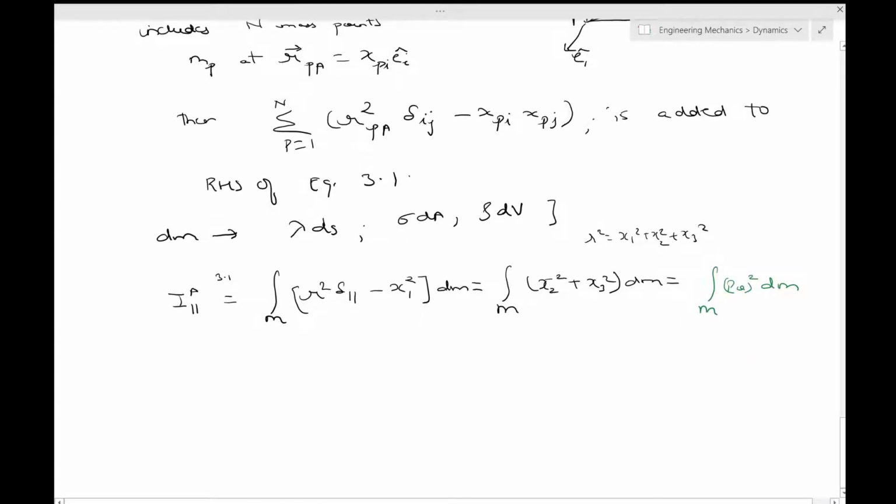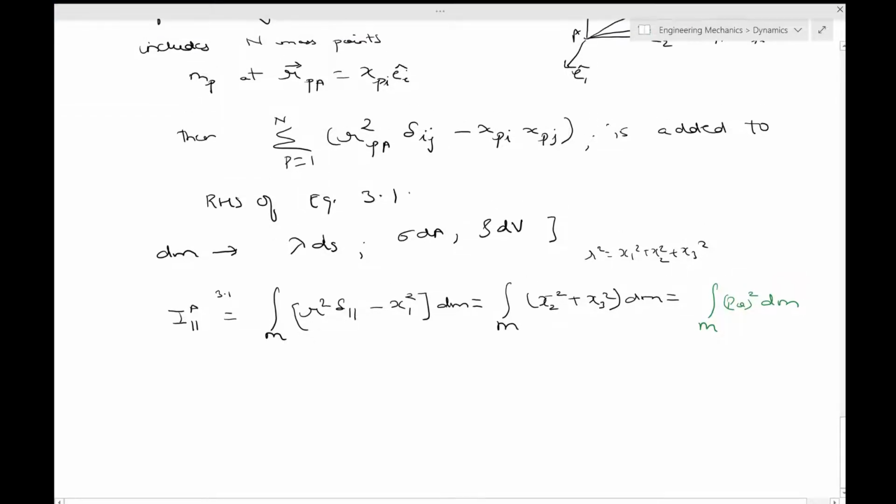Now once this is done, you can proceed with equation 3.1. So put i equal to 1 and j equal to 2 in equation 3.1.